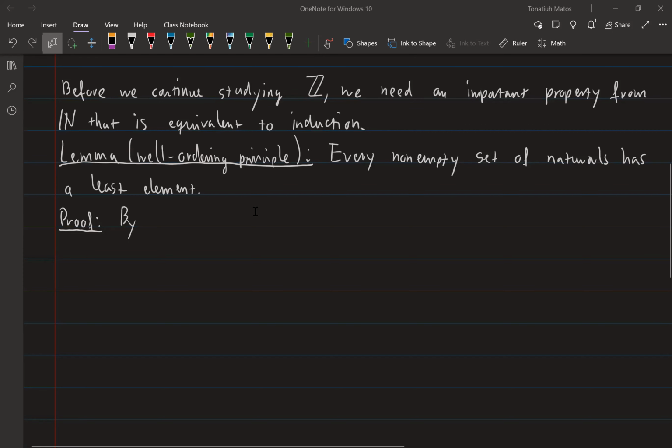Okay, I have a question in the chat. Does least mean smallest? Yes. Least element, minimum element, smallest element, first element. Those are all synonyms. And in the case of linear orders like this one with trichotomy, then minimal element is also a synonym. So yes, thank you. That's a good question.